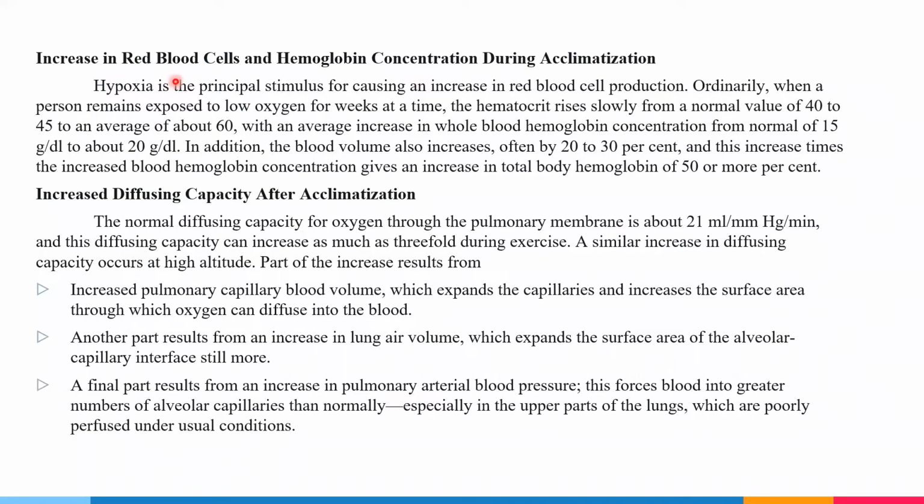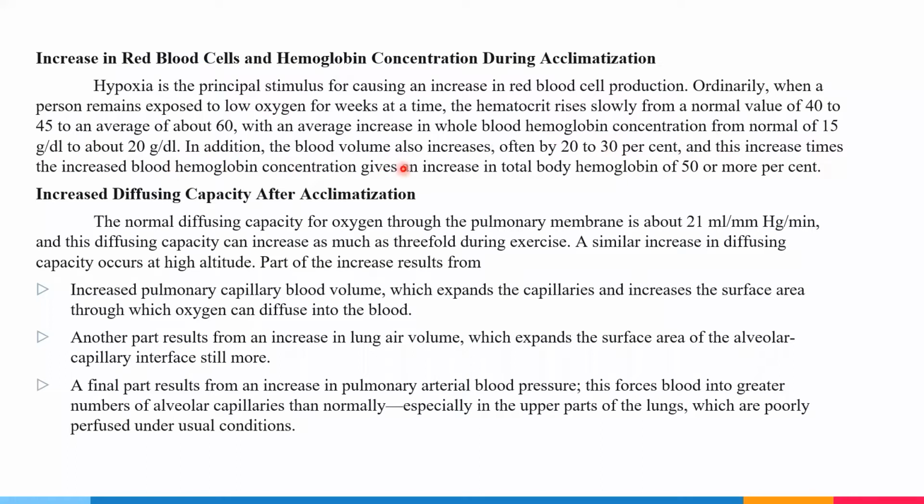Next is increase in red blood cells and hemoglobin concentration during acclimatization. Hypoxia is the principal stimulus for causing an increase in red blood cell production. Ordinarily, when a person remains exposed to low oxygen for weeks at a time, the hematocrit rises slowly from a normal value of 40 or 45 to an average of about 60. With an average increase in whole blood hemoglobin concentration from normal of 15 grams per deciliter to about 20 grams per deciliter.